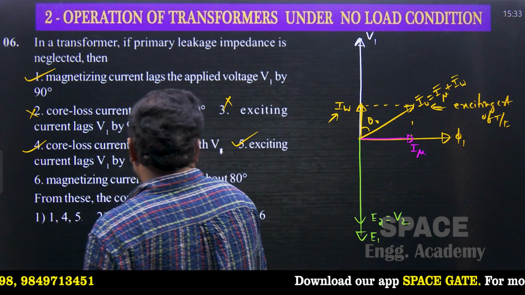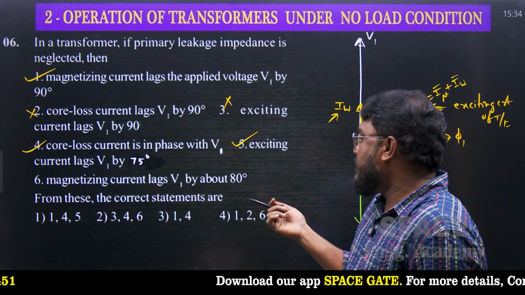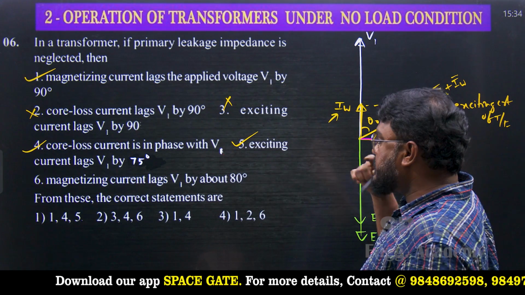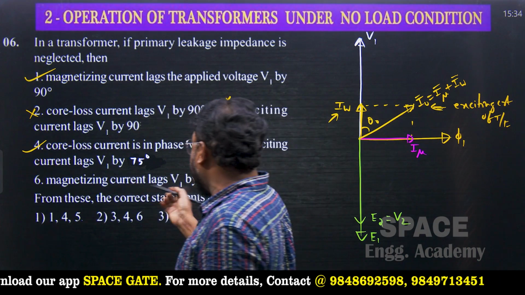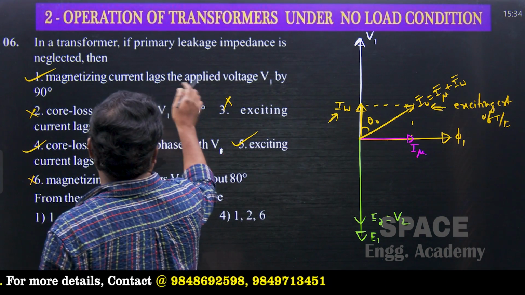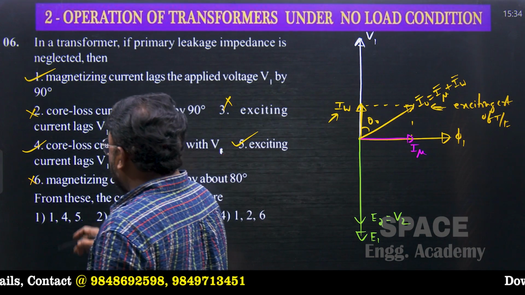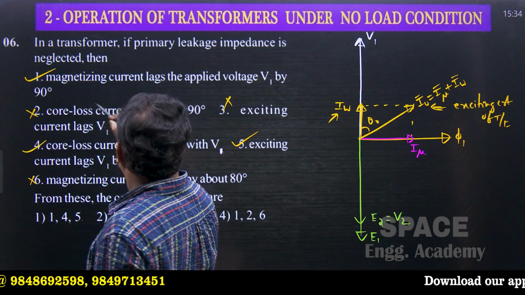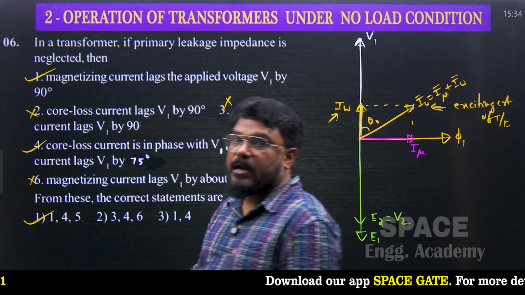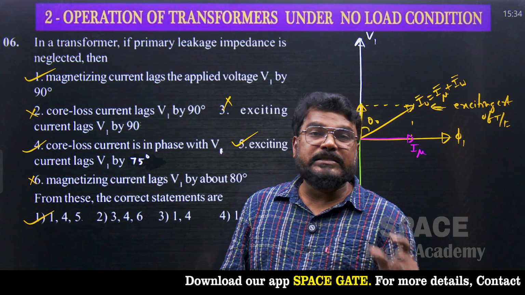And magnetizing current lags V1 by 80 degrees is not correct; it is 90 degrees. Magnetizing current lags applied voltage by 90 degrees. So which option is correct? Statements 1, 4, 5 are correct. So option 1 is correct.